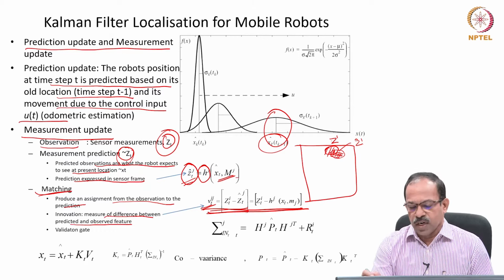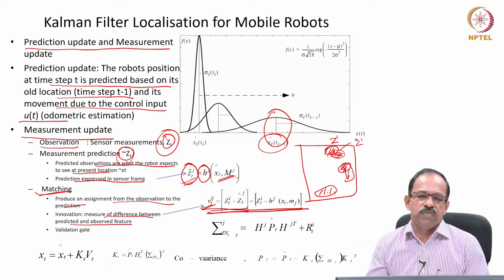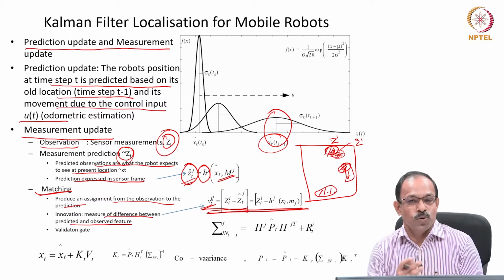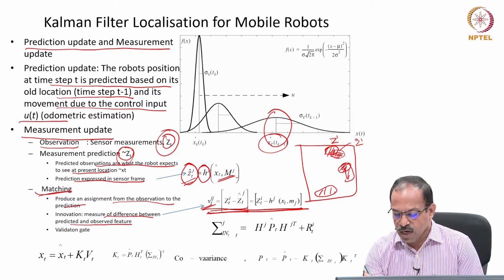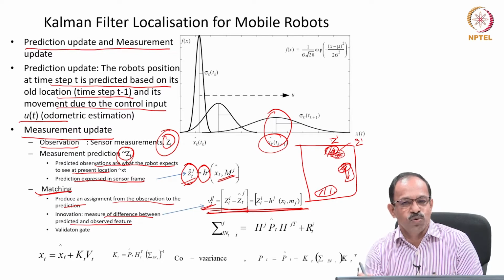This is 1. Similarly, there will be 2, then there may be 3, like that, 1, 2, 3, and some of them will be visible, some of them won't be visible. But the robot will not know which one is which. So it has to check which one is matching with 1 hat or 2 hat or 3 hat, it has to do the matching.